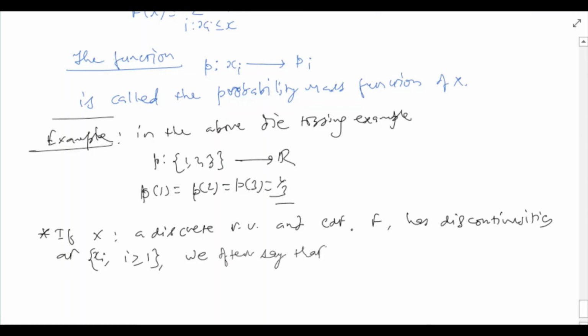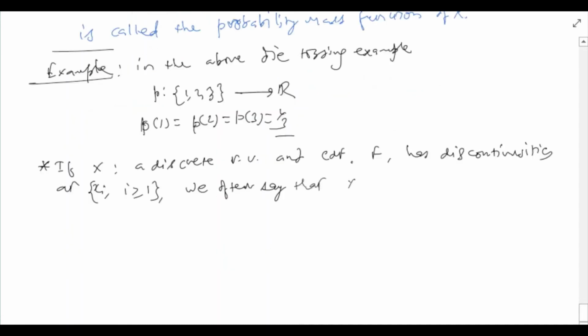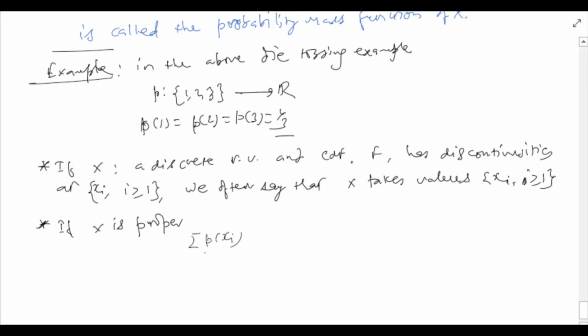If the discrete random variable x is proper, then clearly summation of p(xi) over i greater than or equal to 1 is 1.